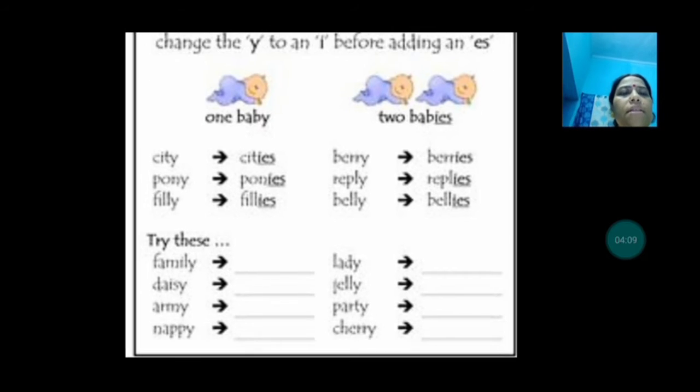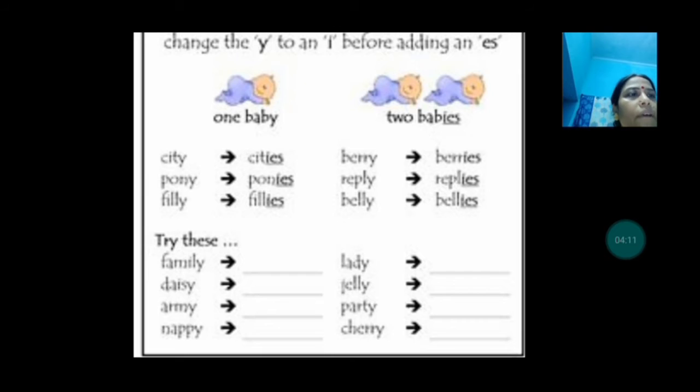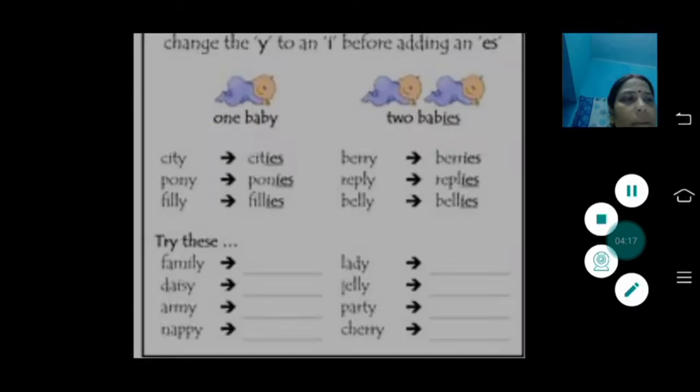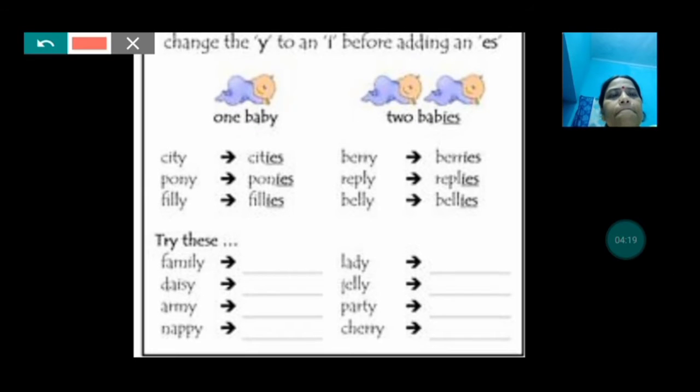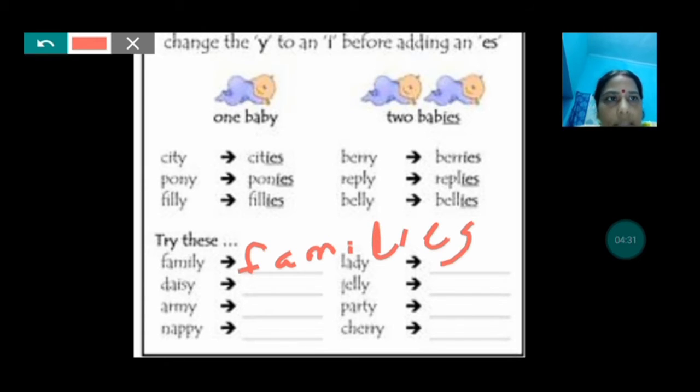Let us try these. Family, families. Remove y and add ies. Let me see if I am able to write. F A M I L I E S. It will become like this. Okay, good.